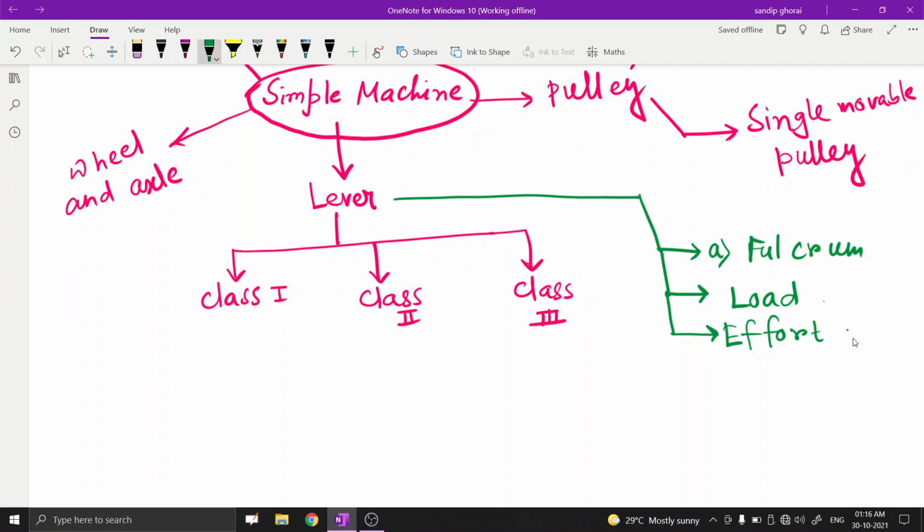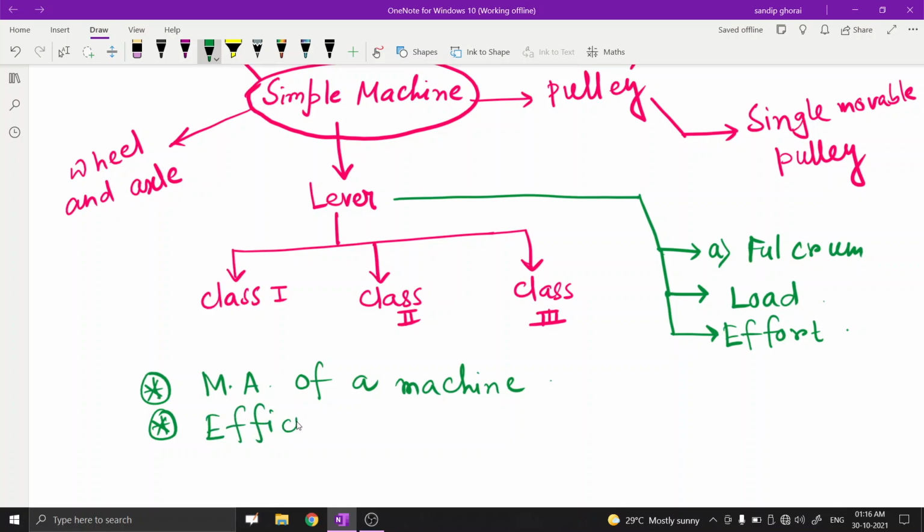And in this chapter you also have to know what is MA, or mechanical advantage of a machine, and the efficiency of a machine.